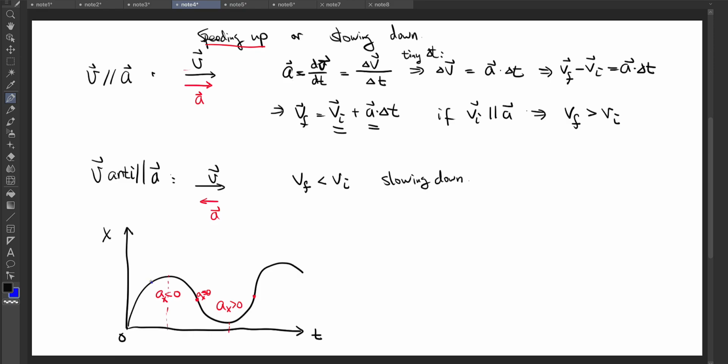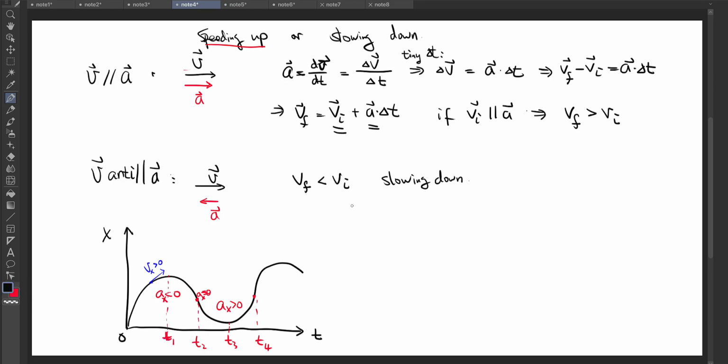So let's pick a point here. So this V is positive. Let me label these instants: T1, T2, T3, T4, and that's the instant 0.